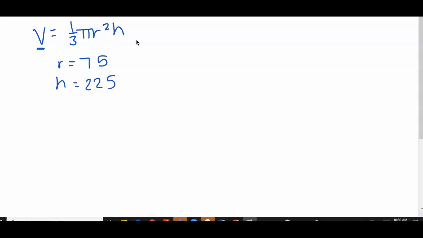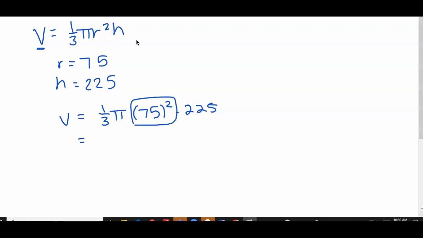So for a formula, all we are doing is plugging in. So volume would equal 1/3 pi 75 squared times 225.